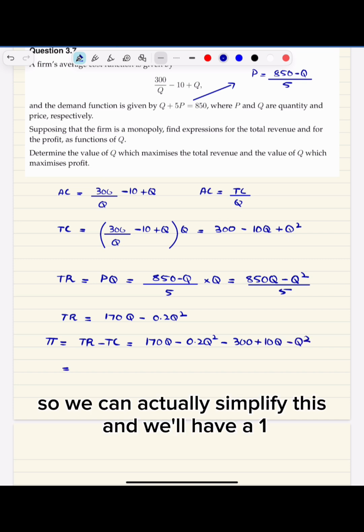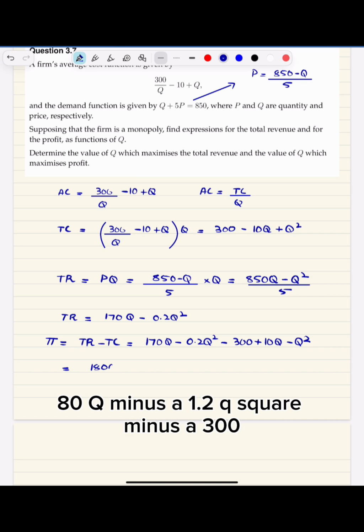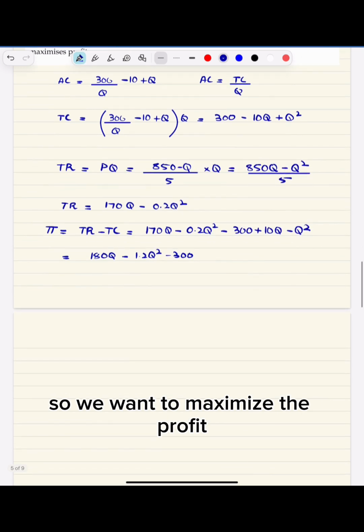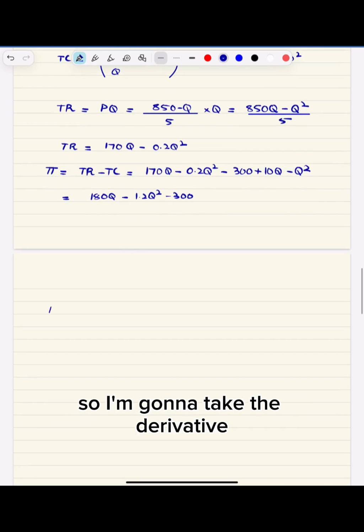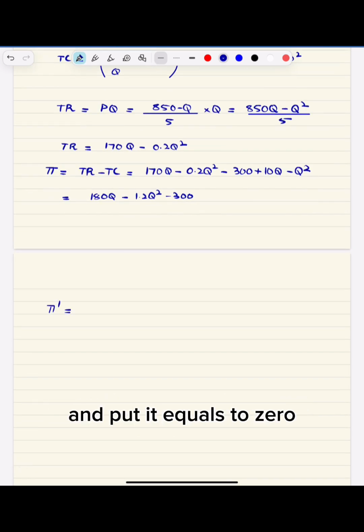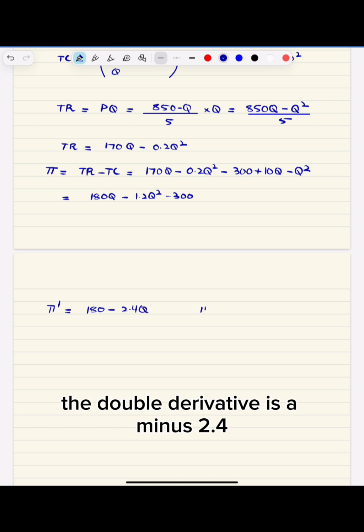So we can actually simplify this, and we'll have 180q minus 1.2q square minus 300. So we want to maximize the profit, so I'm going to take the derivative and put it equal to 0. The derivative is 180 minus 2.4q, and as you can see, the double derivative is minus 2.4.